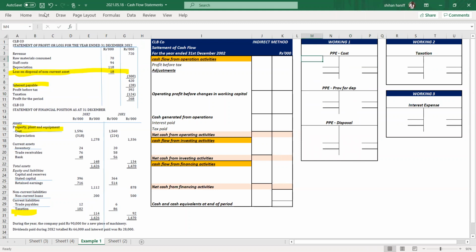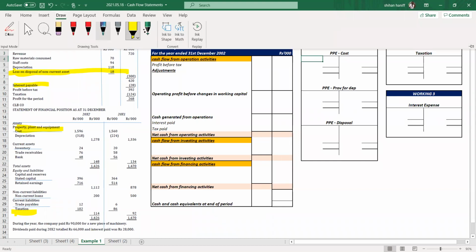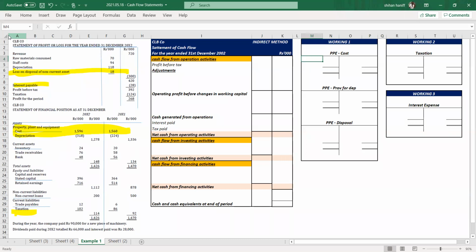So when it comes to PPE, cost, opening balance 2021, balance brought forward is 1560. And the closing balance 1596.